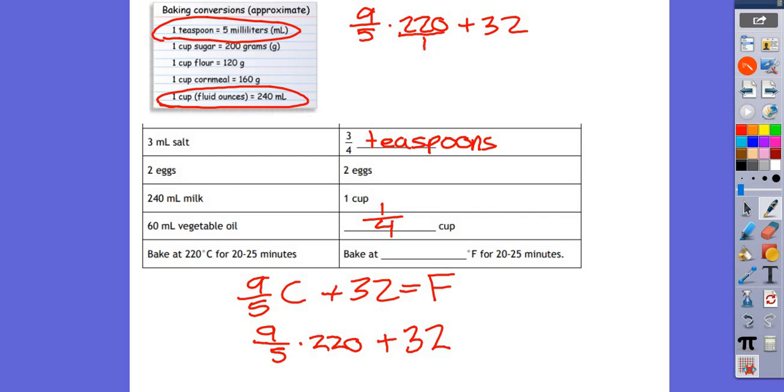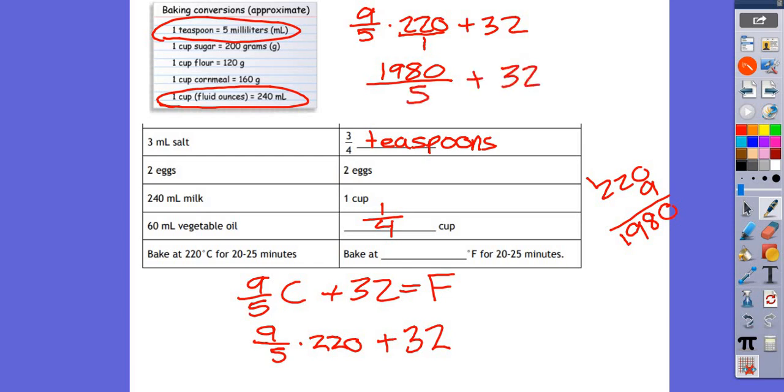So I need 220 times 9. 9 times 0, 0. 9 times 2 gives me 18. 18 plus 1 is 19. So I get 1980. 5 times 1? 5. I need to bring my plus 32 down. Now I need to divide by 5. I'll keep the 32. I need to divide by 5.